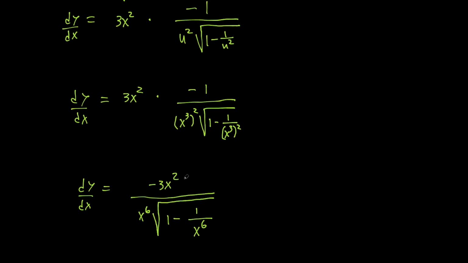Same multiplication there. And then it looks like we can cross out: x squared over x to the sixth is going to be equal to, we have a -3 over x to the fourth, canceling out some of those exponent values, and we are done.